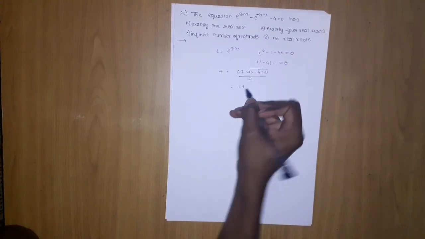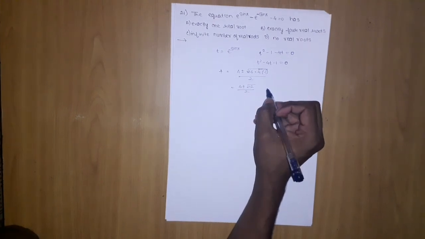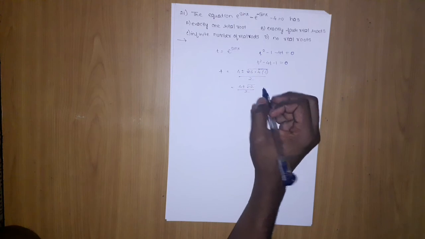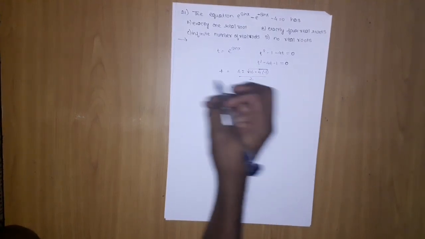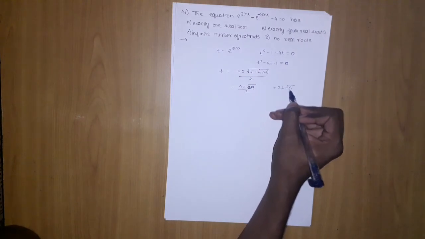So 4 plus minus under root of 16 plus 4, which will become 20. If I take 2 out, then it will be 2 plus minus under root 5.